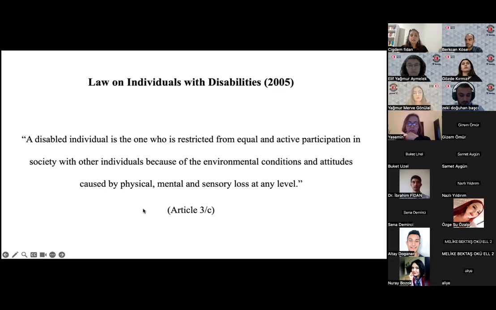And because this policy document refers to disability and restriction, and this is a top document, this perspective is also reflected in other regulations under this document. So obviously the document defines disability as a kind of restriction, sensory loss at any level.